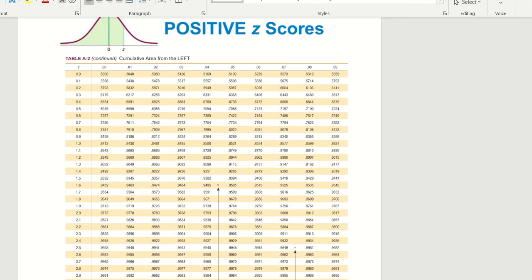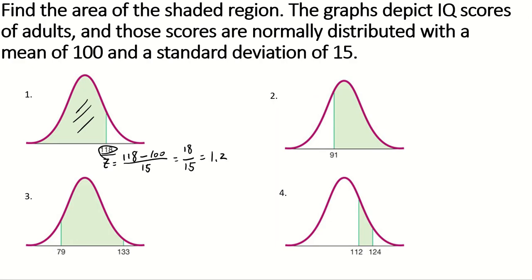After you find the z-score of 1.2, you can go to the z-score chart and find the z-score of 1.2. The corresponding area to the left of that z-score is 0.8849.